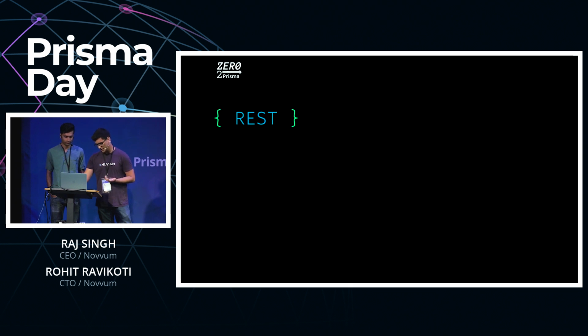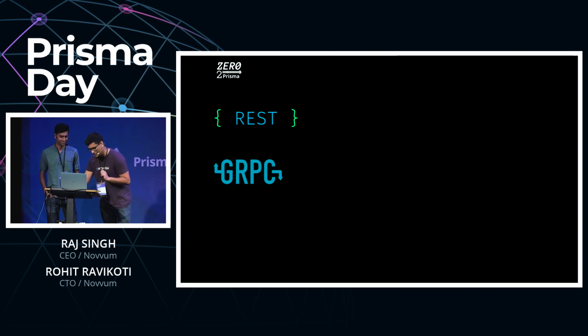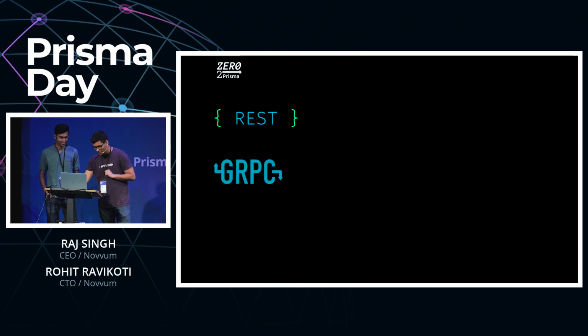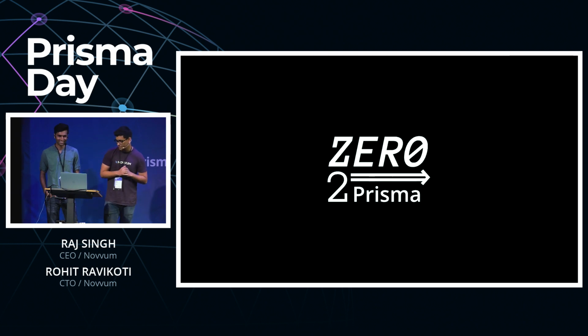The first is Rust, second gRPC, which I was in charge of, and let me just tell you, I had to learn it last night, so we might have some issues with the live coding, but I'm sure it works better if you actually do some research on it. And then GraphQL, of course.